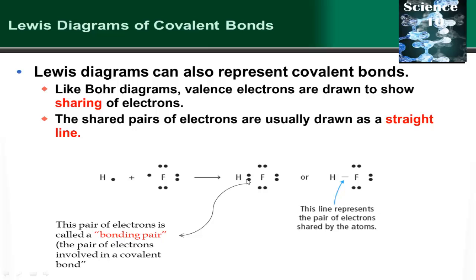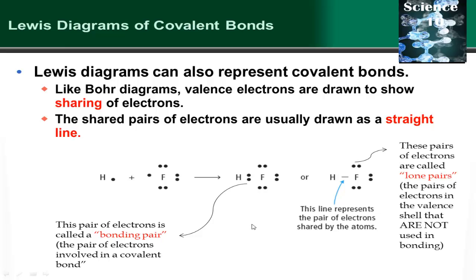Because those are the electrons involved in the covalent bond. On the other hand, all of these electrons, and again, it's not just the ones we're signifying up here, these, those are all lone pairs because they're not actually used in bonding. Right.